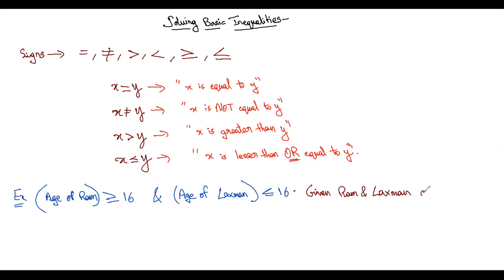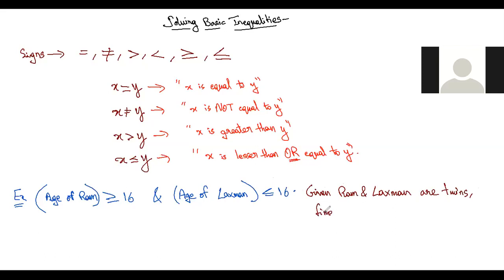Given Ram and Lakshman are twins. Find their respective age. Let us say there is a question like this. What would the answer be? Sir, 16. Yeah, fine. Answer is 16.